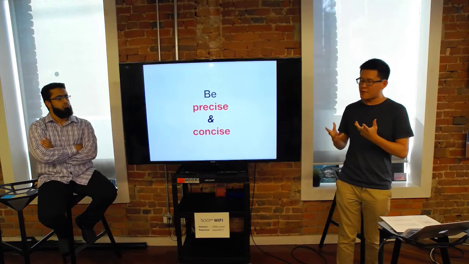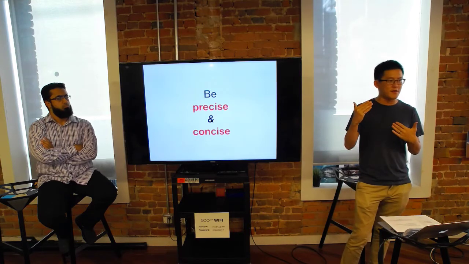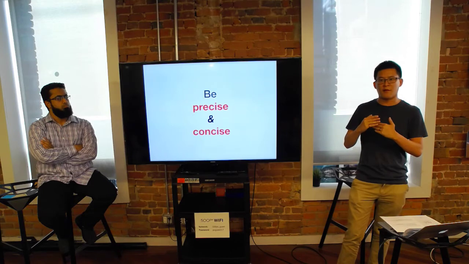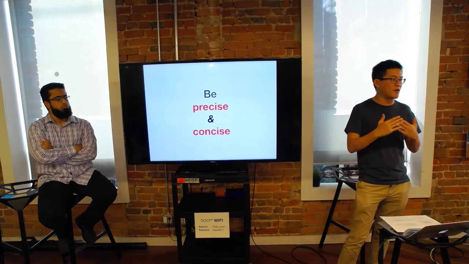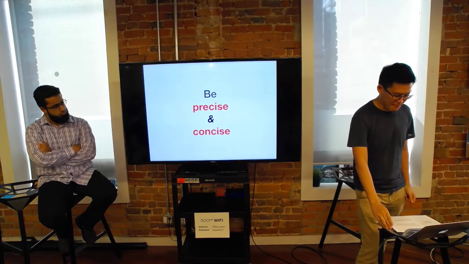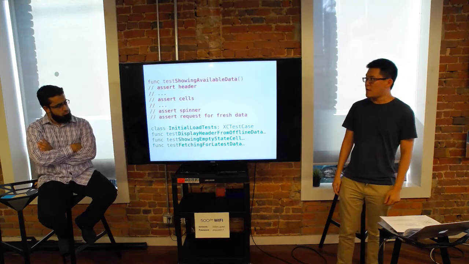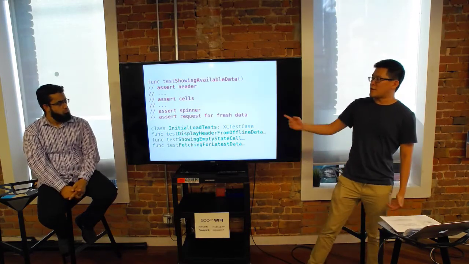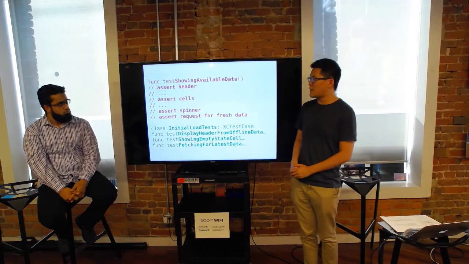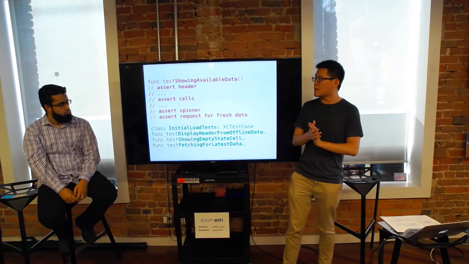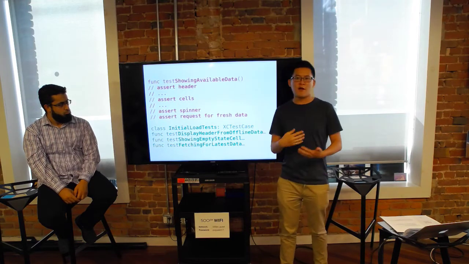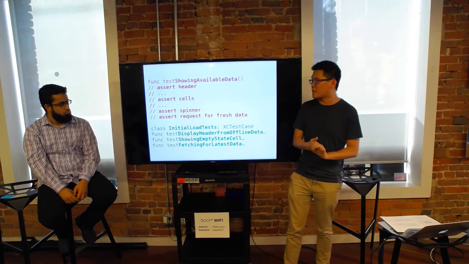Also, don't assert multiple outcomes in a particular test. Try to assert individual outcomes so that you can know which part of what you're looking for is failing. So an example is function test show available data, and then in here maybe you're asserting on the header to show that the header is showing the correct thing, and then you're asserting that there's the right number of cells and the cells are showing the right things.